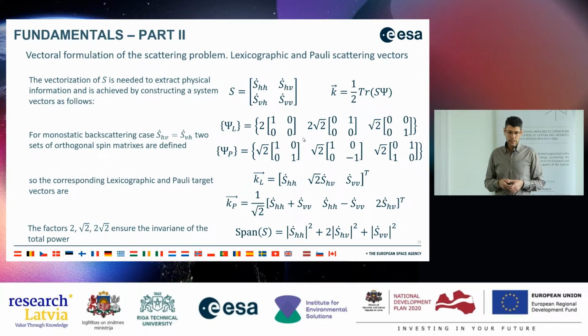Right? So these vectors are quite useful. And if you want to measure the total power, or what is called the span, of all components that you receive from radar, this is given by the span. So it's the square modulus of the sum of the three components.